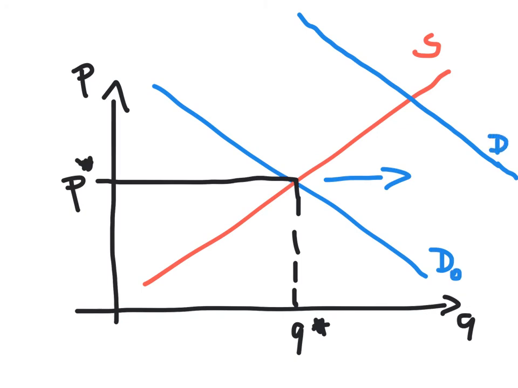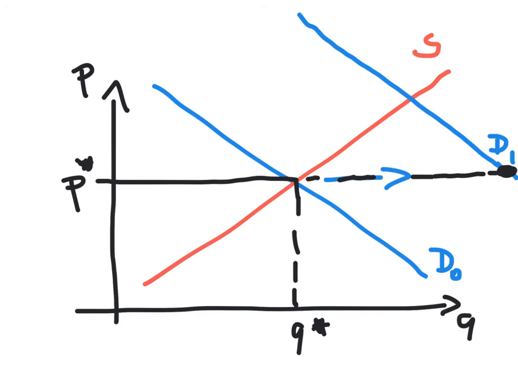So if this is 0 and this is 1, so at the old price, let's say places like CVS or Safeway or even Amazon are reluctant to raise prices to the equilibrium market price. So let's look at what happens at the old price if they don't adjust their prices.